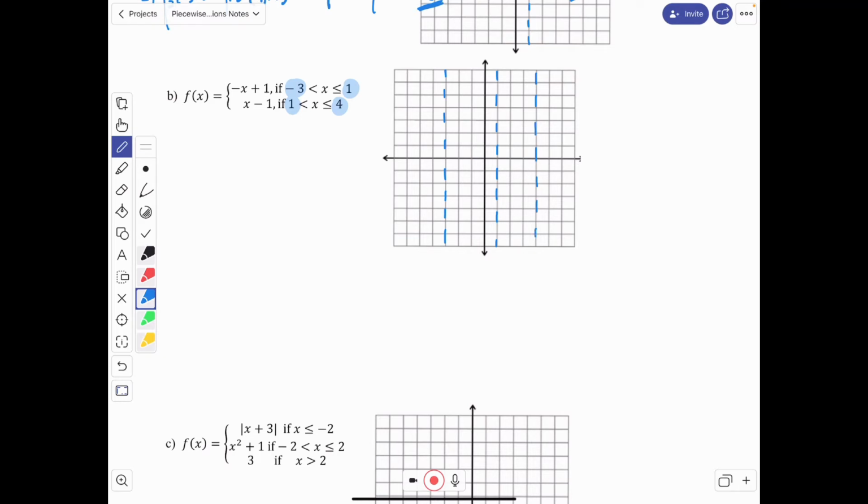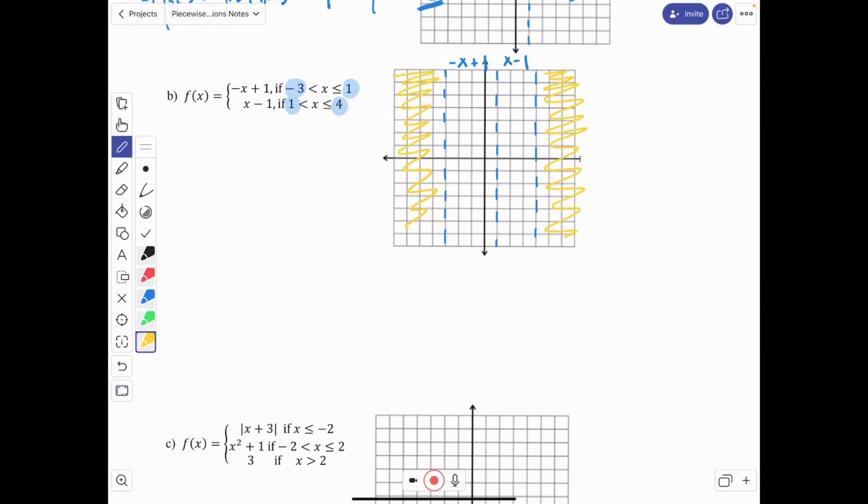So these are where my fences are going to be. And I like to just put my boundary lines there. So negative x plus 1 is between -3 and 1. So that graph is going to be between those lines. And x minus 1 is going to be between 1 and 4. So that graph can only be between those dotted lines. So basically, there's no graph that's going to be over here. No lines can be in this section over here, okay? Nothing can go past those dotted lines on either side, okay?